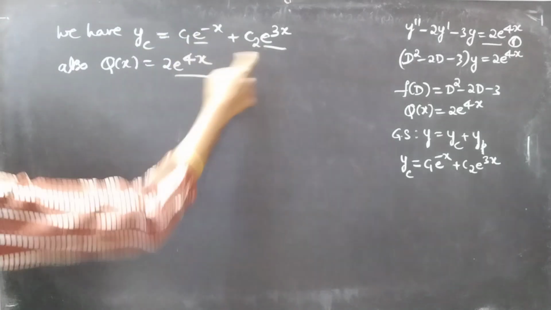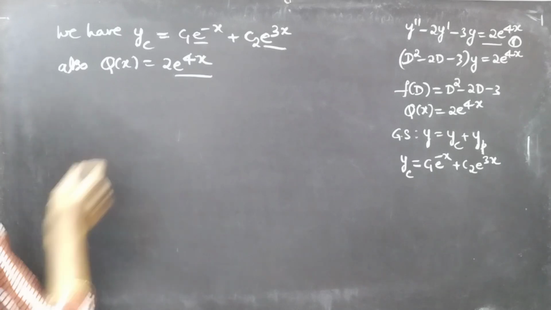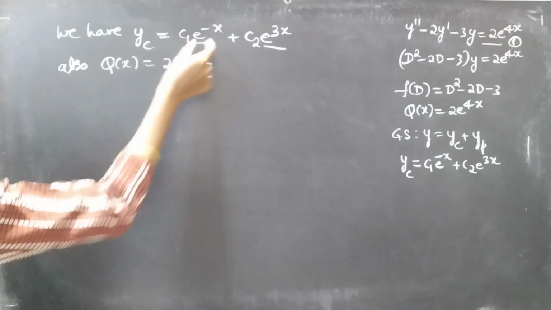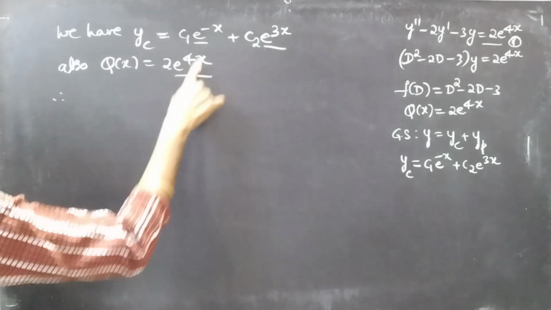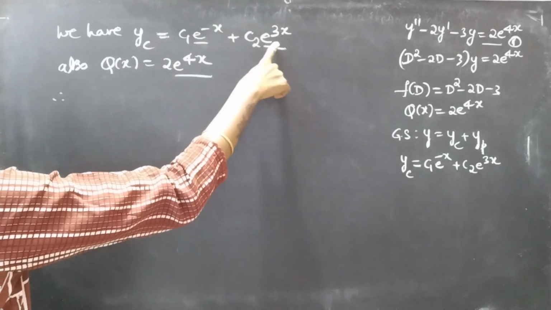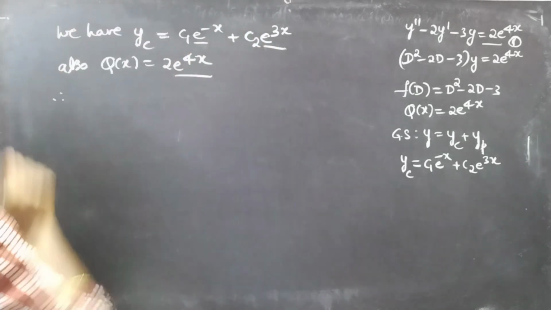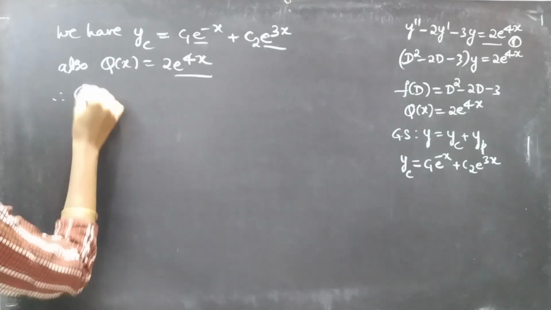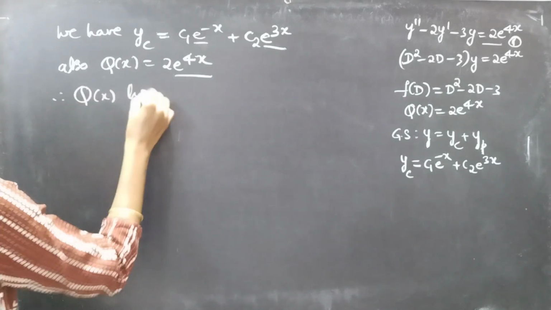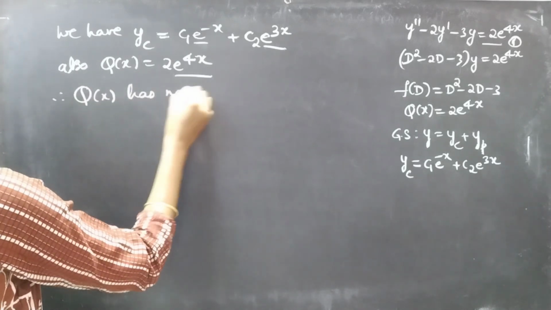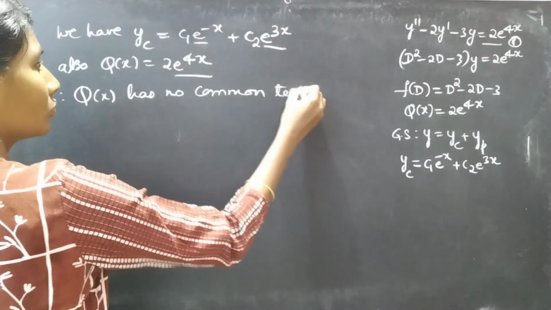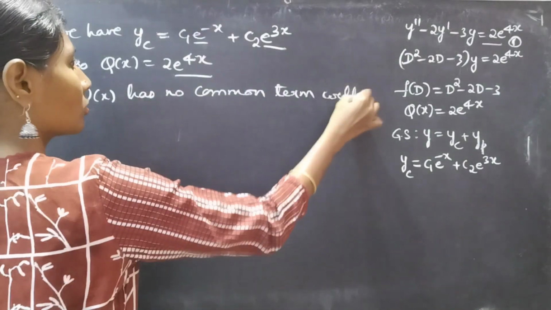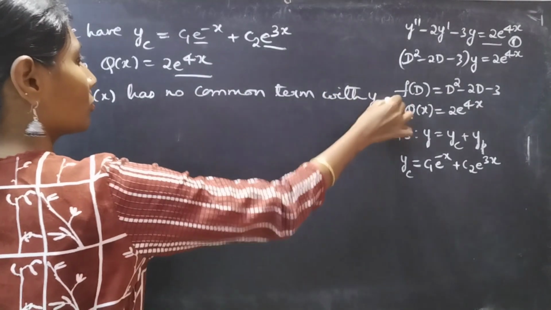By observing all these functions, we can say that q of x has no common terms with yc, right? See, all are different. E power minus x is different, e power 3x is different, e power 4x is different, right? Therefore, q of x has no common term with yc. Fine.